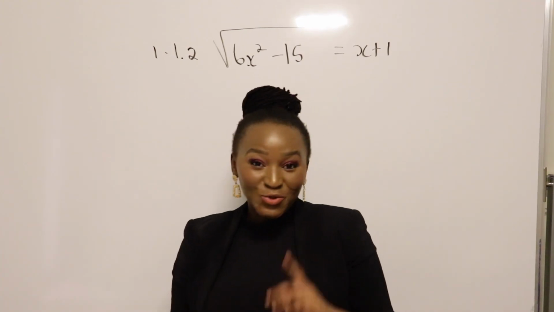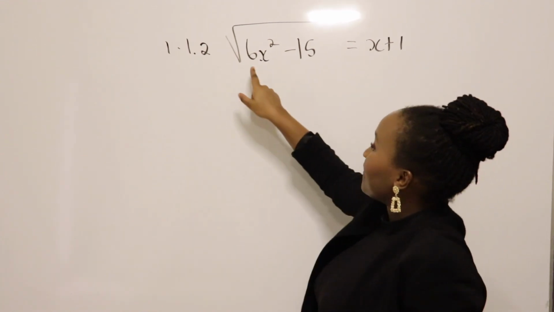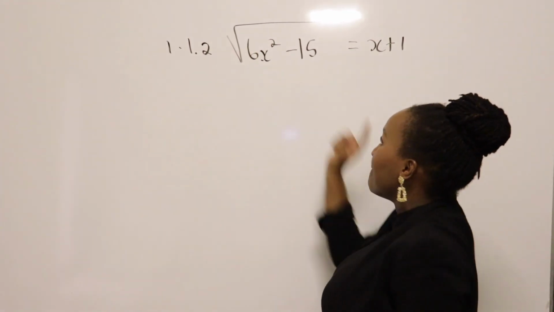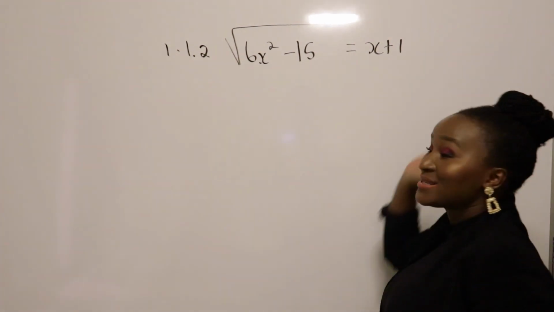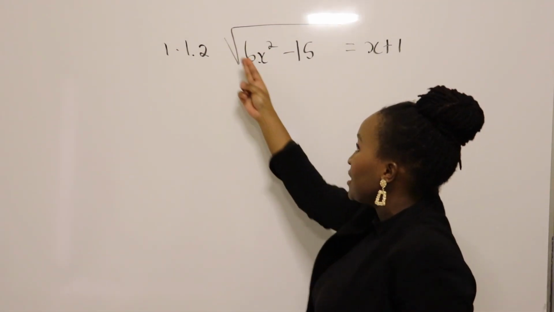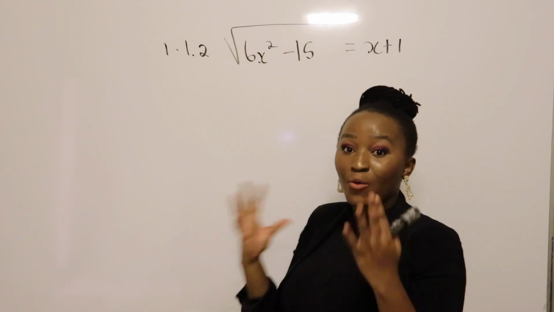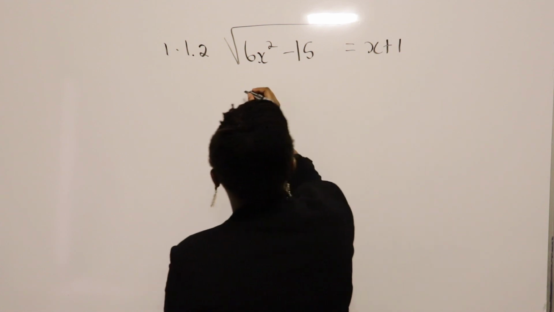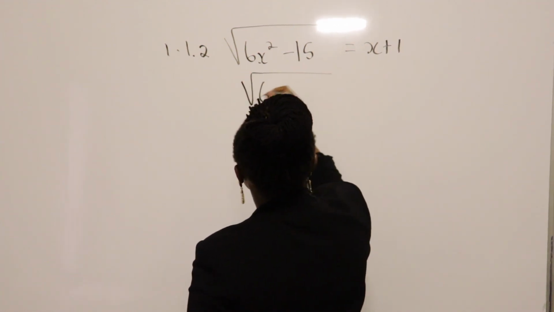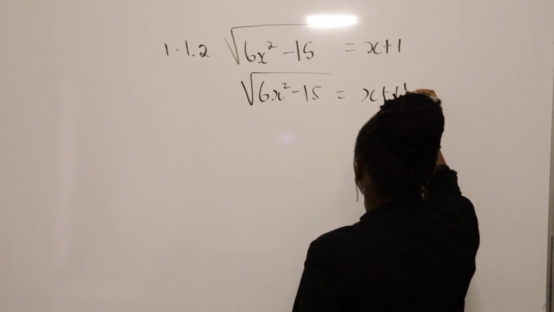The second question that you will be given is: find x when you are given the square root of 6x squared minus 15 is equal to x plus 1. When you have this question, the first thing is we want to remove the square root by squaring both sides. So I will repeat the question and write the square root of 6x squared minus 15 is equal to x plus 1.